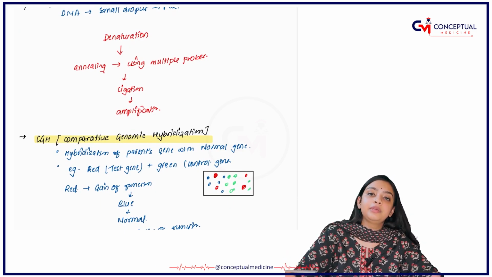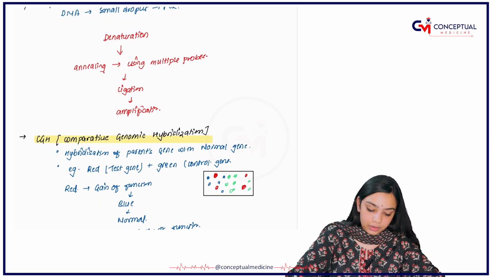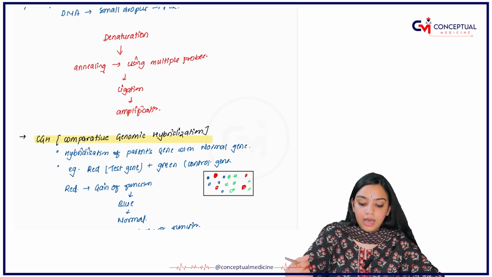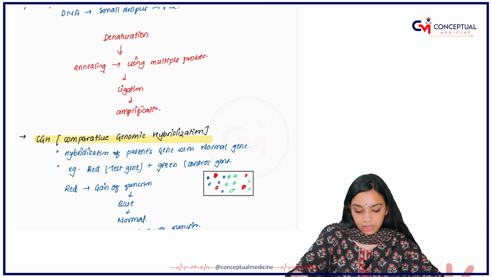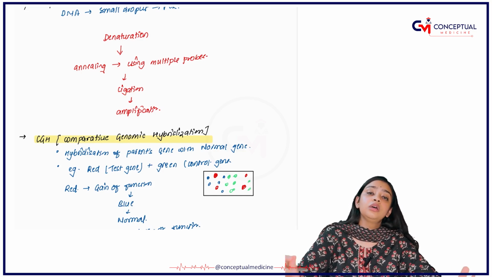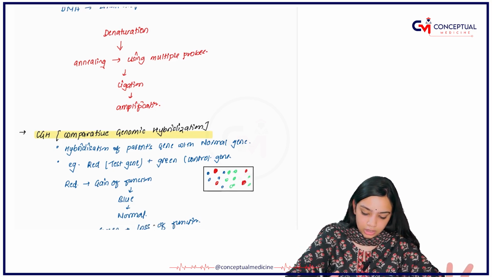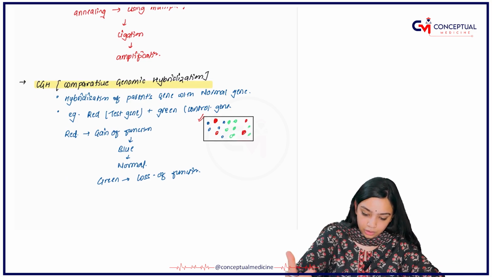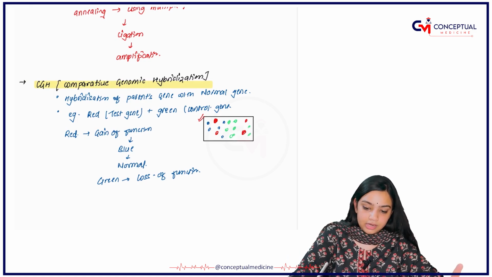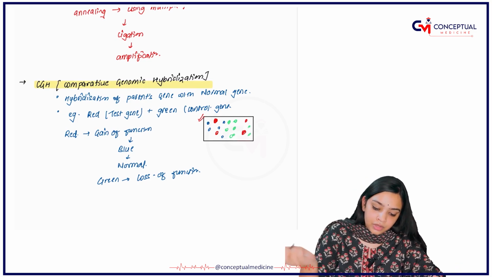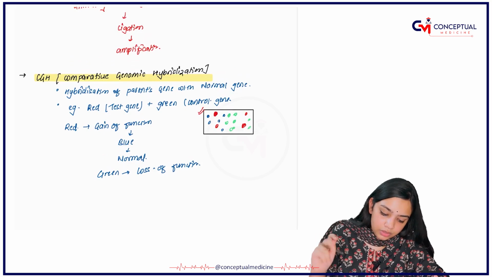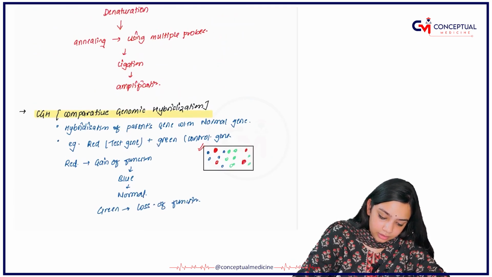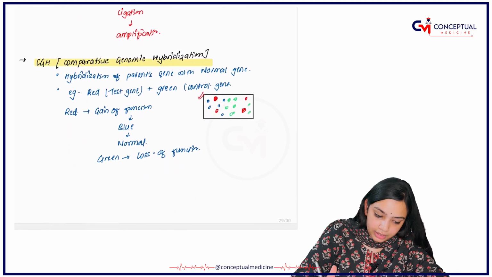This means that there is a hybridization of parents' gene, whether they are normal or not, with the normal gene. And in this figure, we have represented blue with the normal one, red when there is a gain of function, and green when there is a loss of function. So, this was all about the PCR and the comparative genomic hybridization.